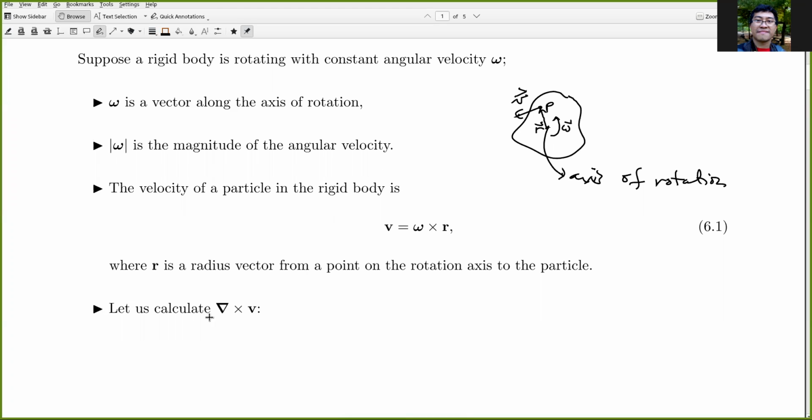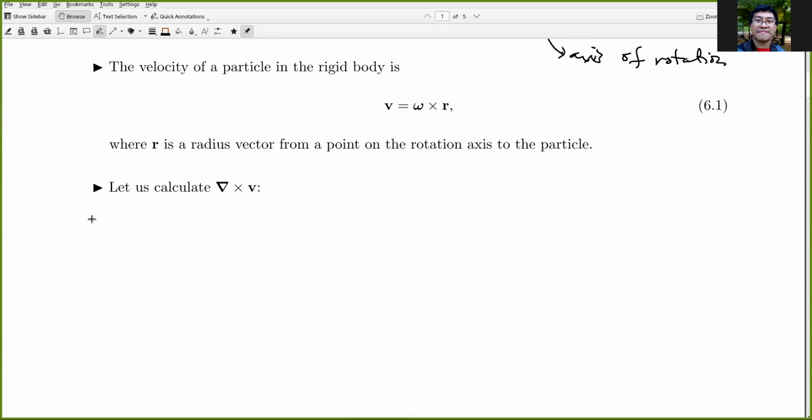Let us try to calculate del cross V, or the curl of V. So the curl of V is simply the curl of omega cross r.